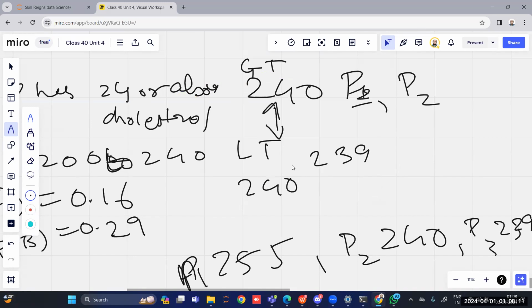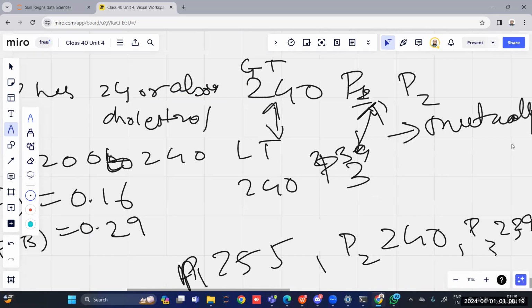So there will be no common person. Therefore, they are mutually exclusive because no common person will come in both.